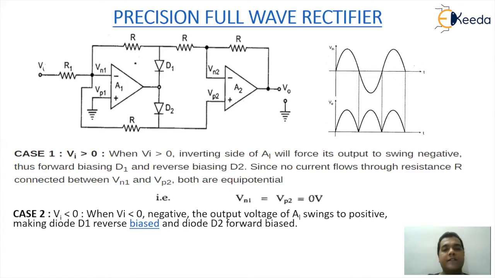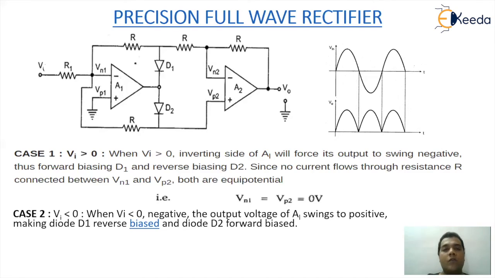So now if I see the positive half cycle of the input, it will have an impact on amplifier 1 and amplifier 2. So now let's understand what the impact will be. When Vi is greater than 0, the inverting side of amplifier A1 will force its output to swing negative, thus forward biasing diode D1 and reverse biasing diode D2.